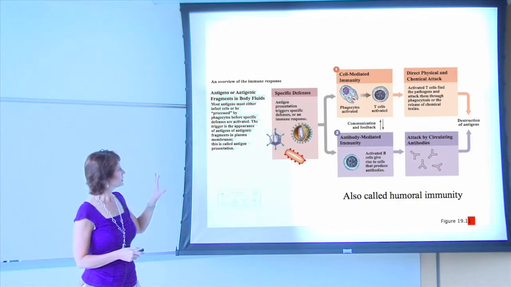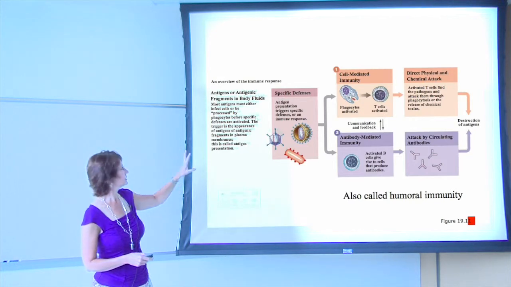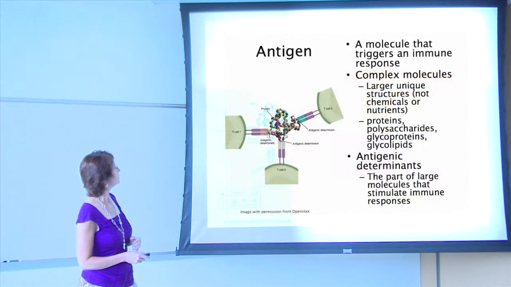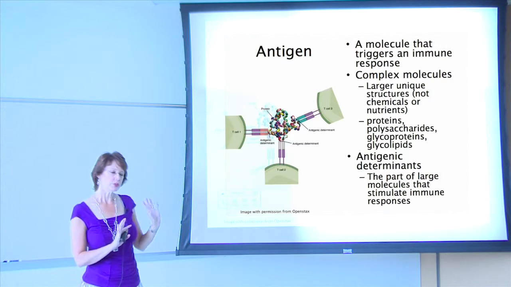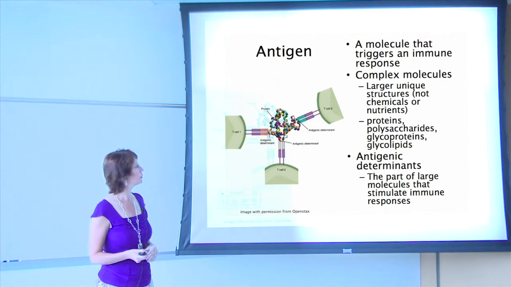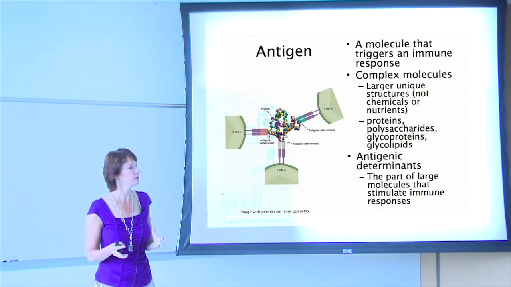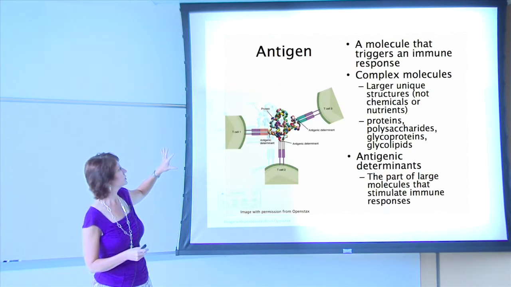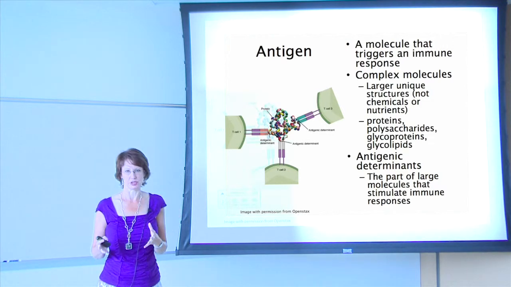So first, let's focus on the T cells and the cell-mediated part of the immune system. Both, really, the T cell and the antibody portion of the specific immunity respond to specific molecules called antigens.